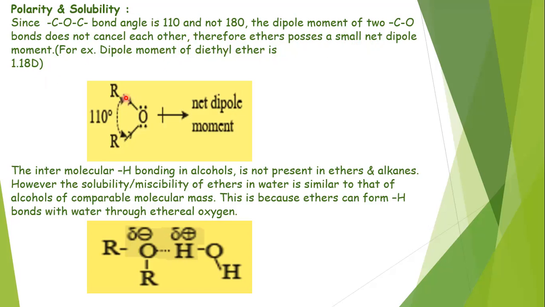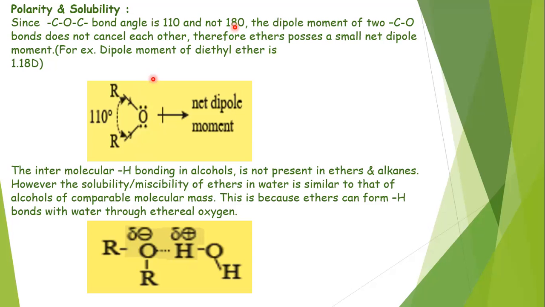Now see here, as this bond angle is 110 degree. If this bond angle is 180 degree, that is, R is here and second R is here, R, O and this R, if they are in straight line, then the bond angle will be 180.